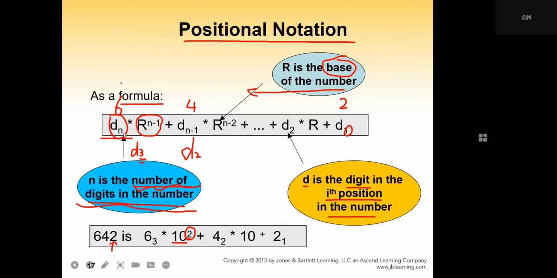So D is a digit. R represents the base, for example base 10, then here it is 10. And the power here represents the position, going from 0 to 1, 2, 3, 4, 5 until n minus 1.